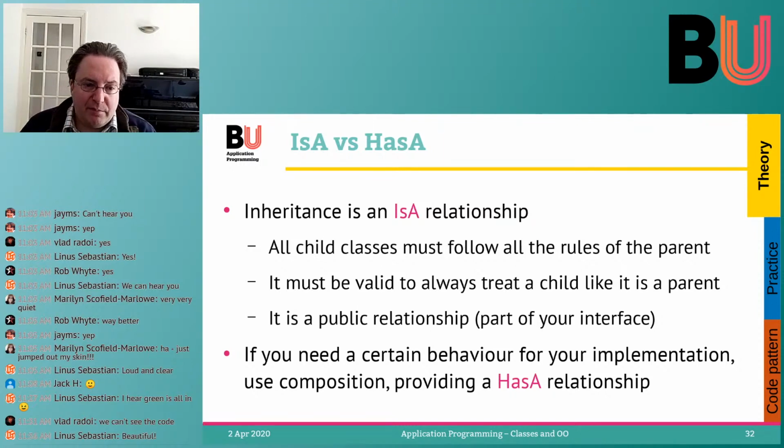When we have inheritance, this is a relationship. Again, I already said so, but a child must follow the rules of the parent. You must always be able to treat a child like it is a parent. And yes, it's a public relationship. The other approach is something called composition. So that is basically the idea where you actually say, I have a "has a" relationship.